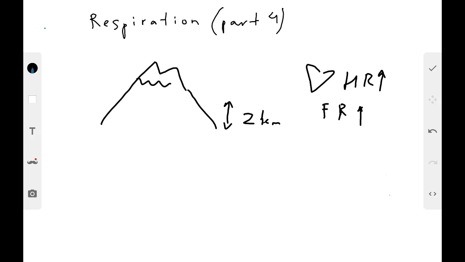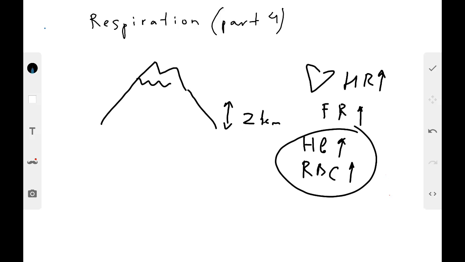So, in this case, another type of adaptation is initiated. Hemoglobin level increases. Red blood cell count increases, but it takes time.